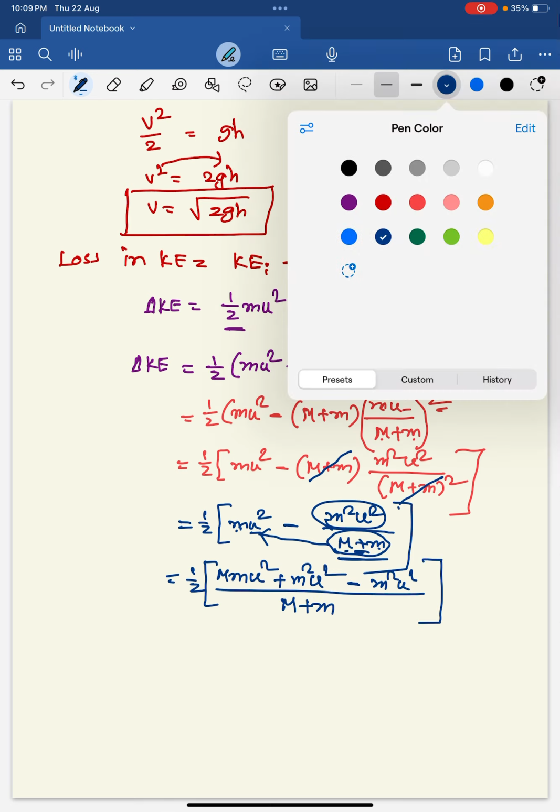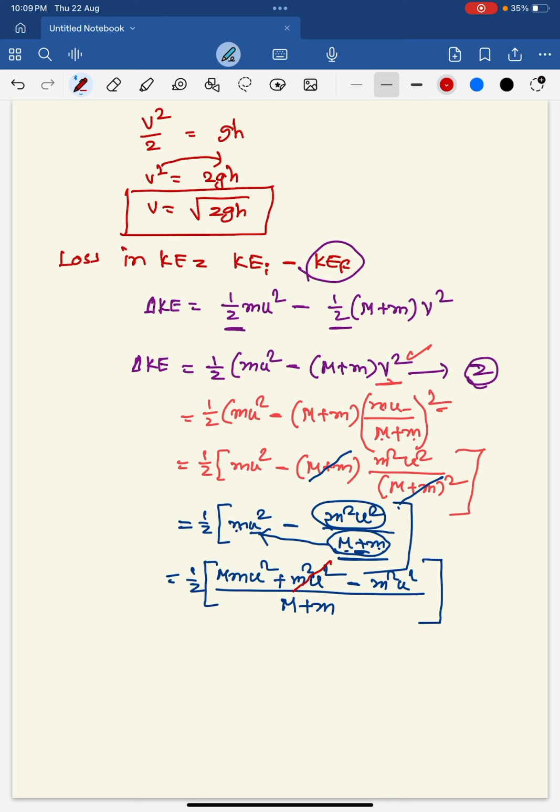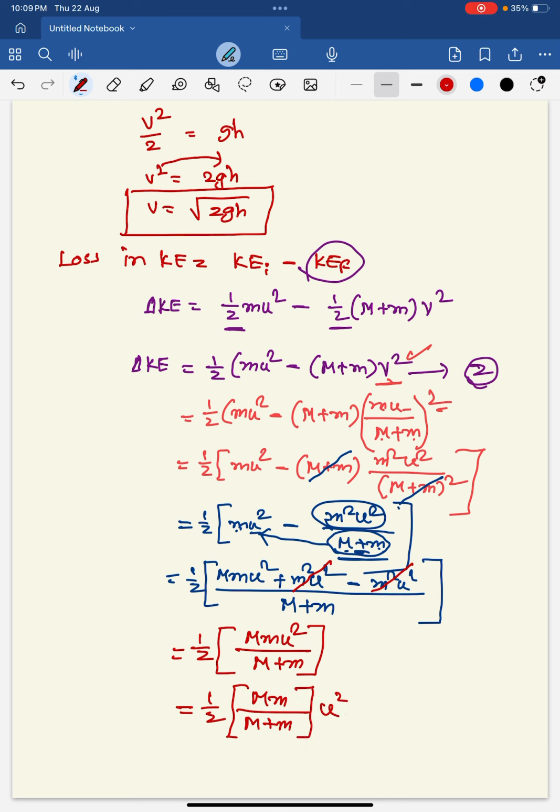In this expression, small m square u square minus small m square u square cancels. The rest of the equation is half into capital M small m u square by capital M plus small m, or we can write it as half into capital M small m by capital M plus small m into u square. This is the loss in kinetic energy.